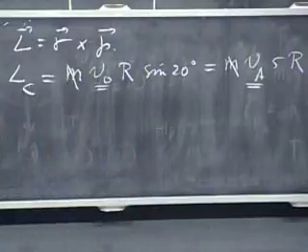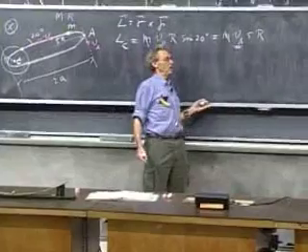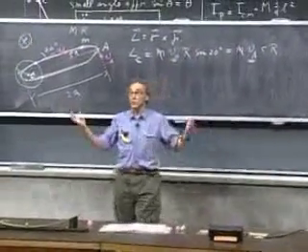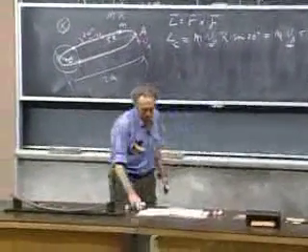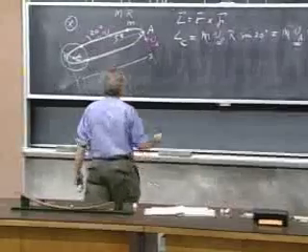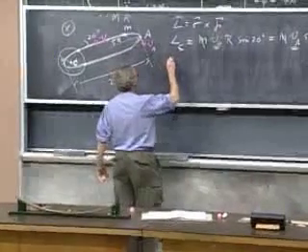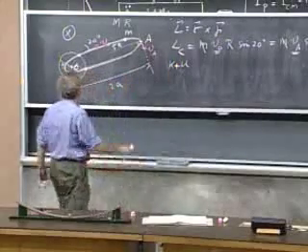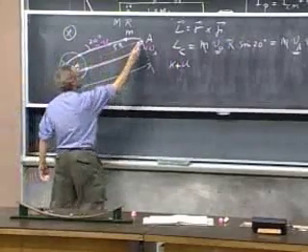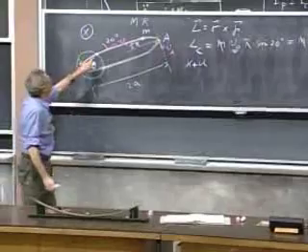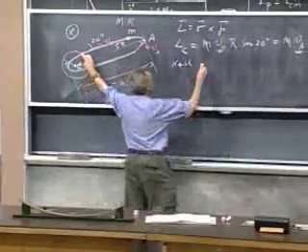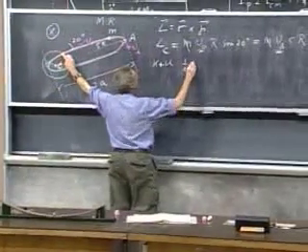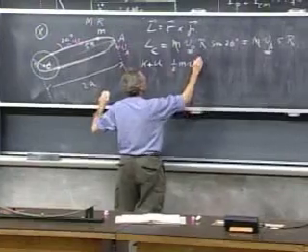Well, these are conservative forces. We're dealing with gravity. So mechanical energy must be conserved, or what we used to say, the total energy of the system is conserved. The total energy of the system is kinetic energy plus potential energy. It must be the same here as it is there. What is the total energy here? The kinetic energy is 1/2 m v0 squared.